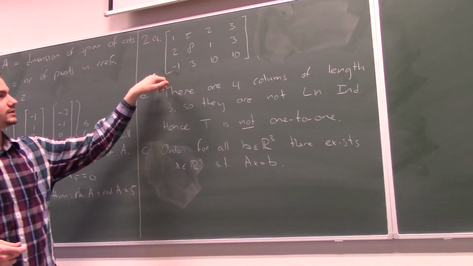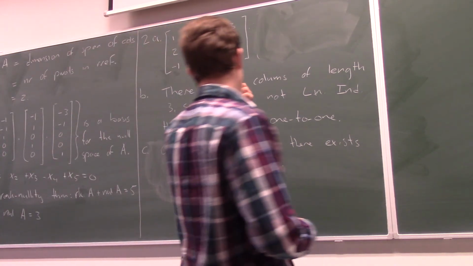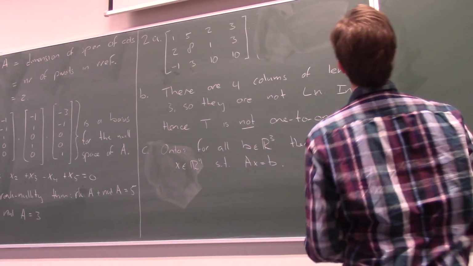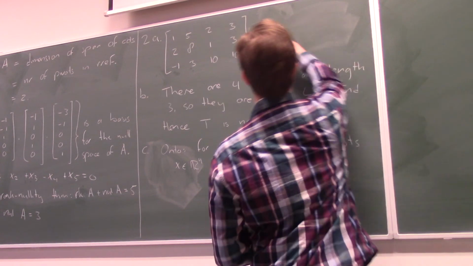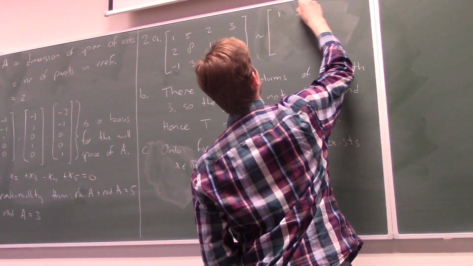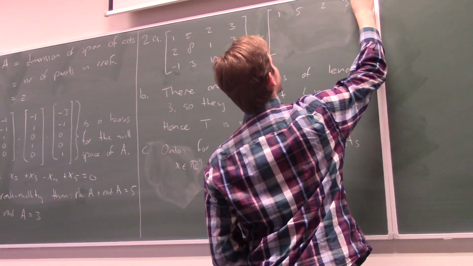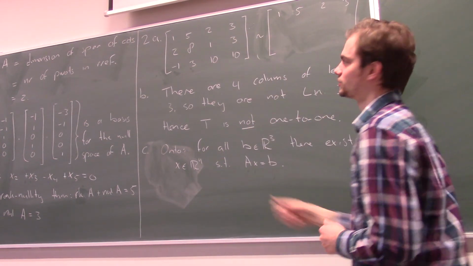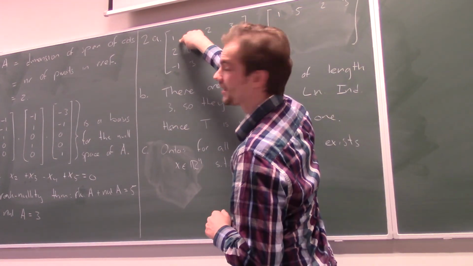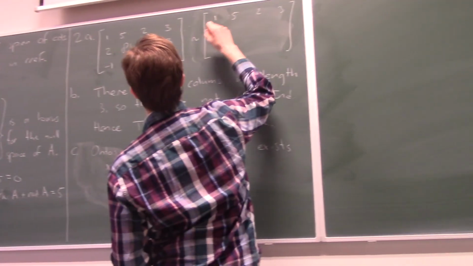So let's reduce this. Okay, so step 1 is to make zeros here again. So this is minus 2 times the first row.